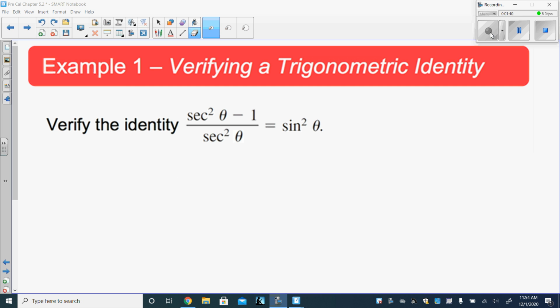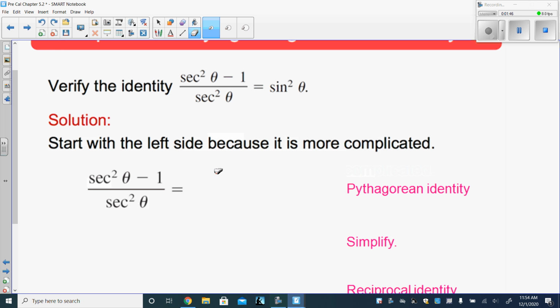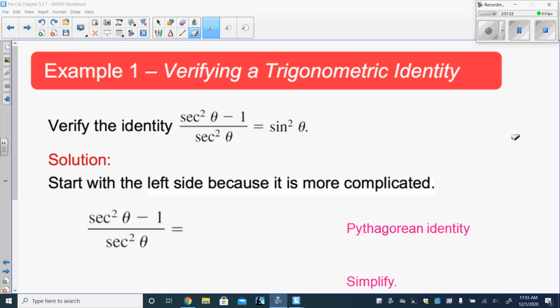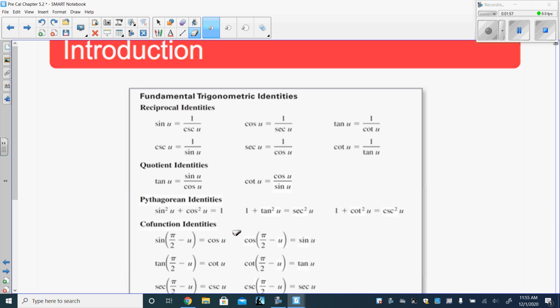The first main step is that I'm going to utilize the Pythagorean identity that we want to use, which is this one here: 1 plus tangent squared is equal to secant squared.